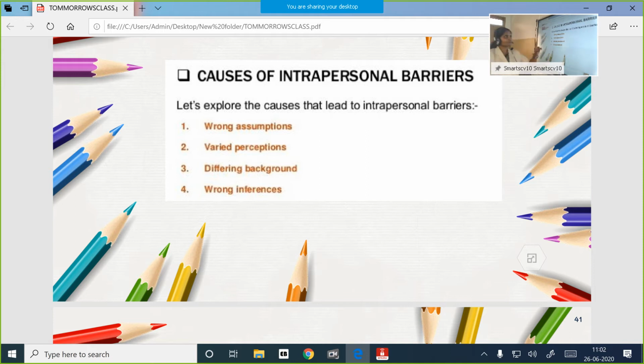So this can all cause an intrapersonal barrier, which is wrong assumptions, varied perception, differing backgrounds, and wrong inference. We all have that, which is inbuilt in us. This is actually preventing us from coming up or giving an opinion. Understood? So these are all intrapersonal barriers that are developed in our character, which is inbuilt in us.